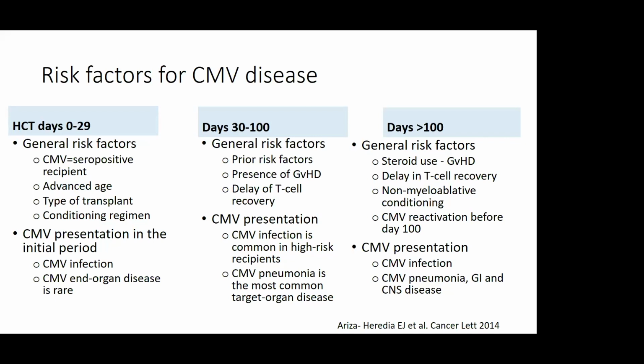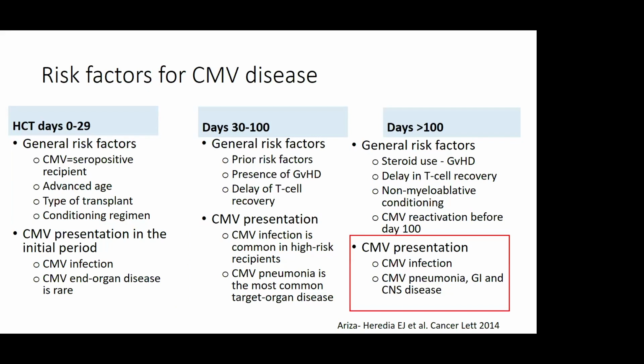And we know that the general risk factors like seropositivity and advanced age and the type of transplant, the conditioning regimens used, these are very well established risk factors that will apply to the first month or second month or even the first few years post-transplantation.